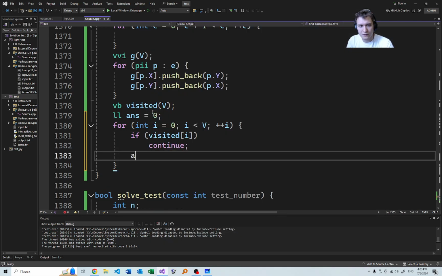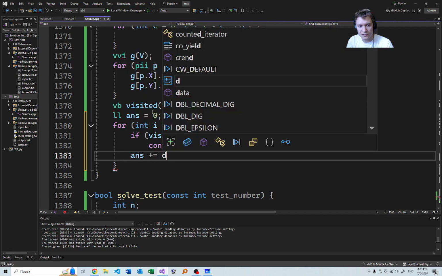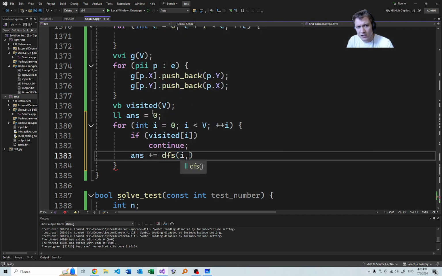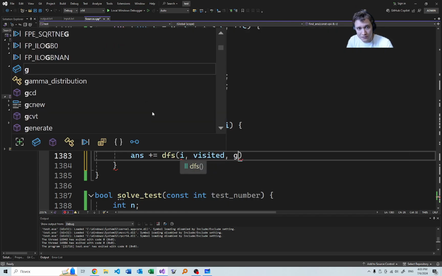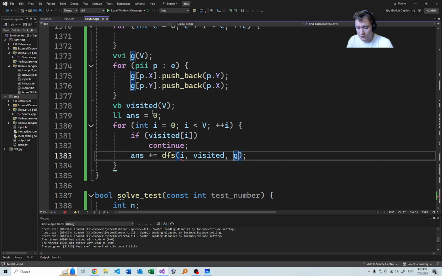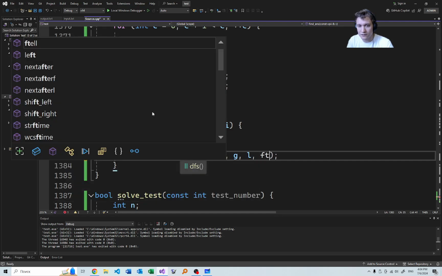Then I need to say that ans plus equals DFS of i, visited, g, l and free.